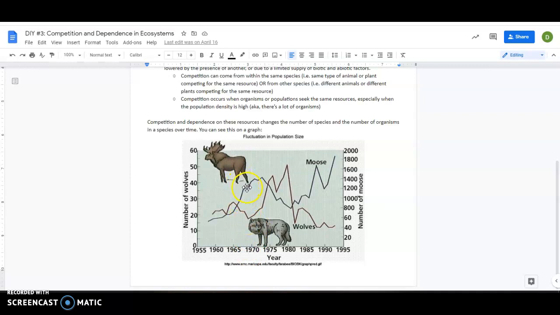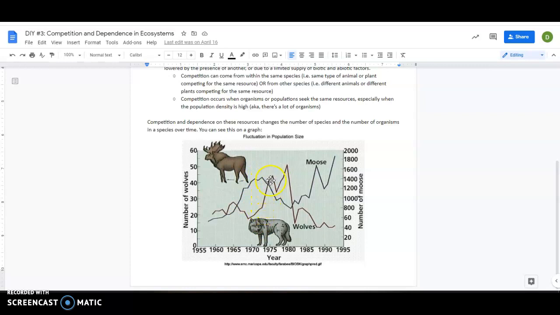And so because they eat the moose, if there's not a lot of wolves, then that's going to allow the moose population to grow. So the moose population is way up here. But then as the moose population grows, it provides more food for the wolf population. So eventually the wolves are going to be able to eat more and they'll reproduce more.